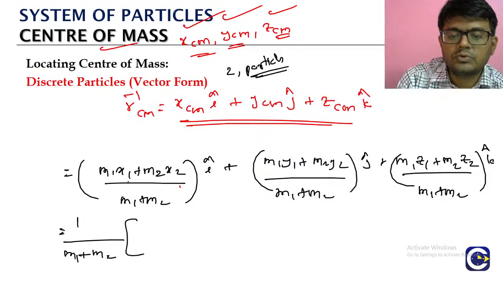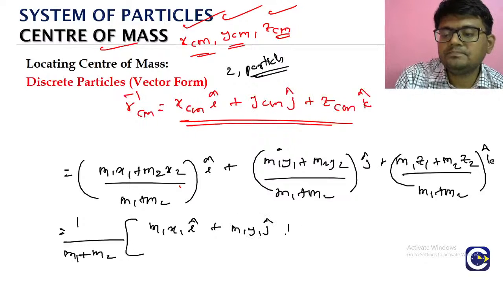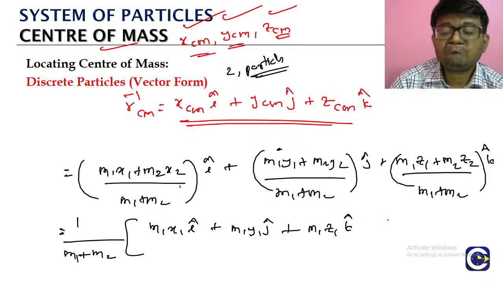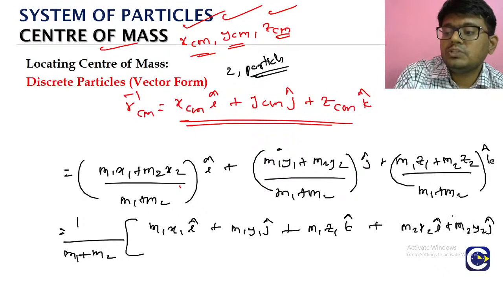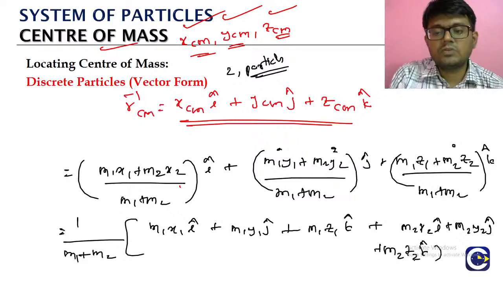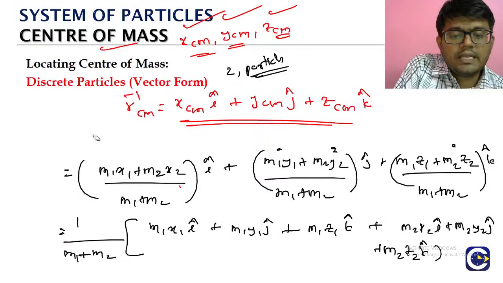That is the denominator, of course. See here, m1x1i plus m1y1j plus m1z1k. Then what else is there? m2x2i, m2y2j, then m2z2k. So we are keeping all the m1 together, all the m2 together, like that.